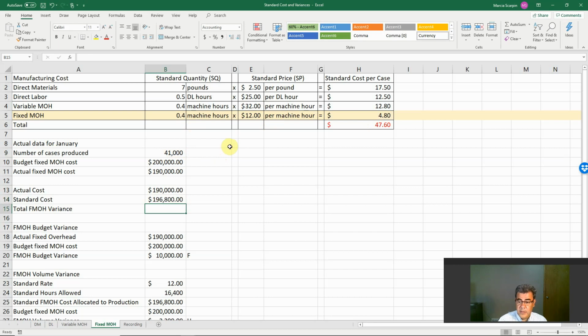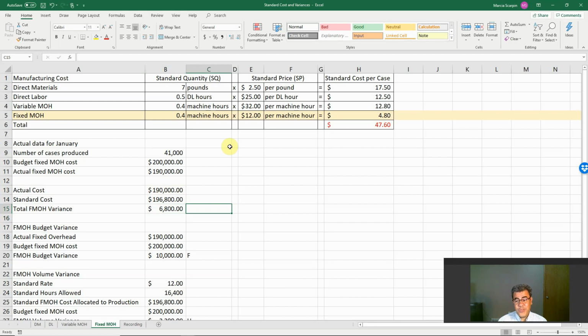And then variance, remember, never work with positive or negative numbers. We work only with favorable or unfavorable variance, so our numbers will always be positive. So we work with absolute numbers, standard less actual or actual less standard, it doesn't matter. So 6,800.